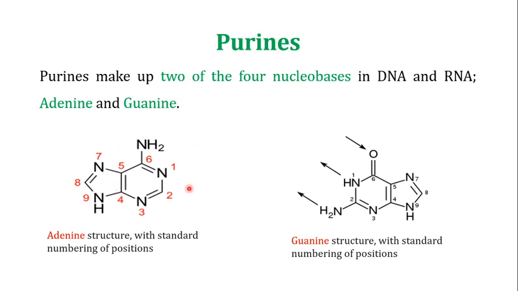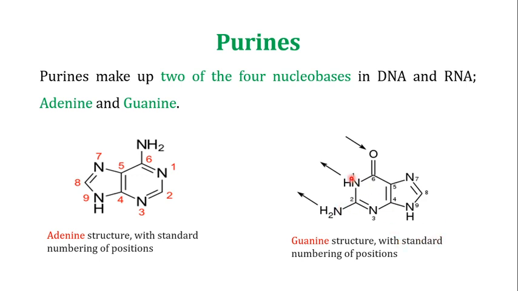And this image is showing you the adenine structure with standard numbering of the positions. If you are going to number the adenine, this is position number 1, 2, 3, 4, 5, 6, 7, 8, and 9. And this is the numbered structure for the guanine.